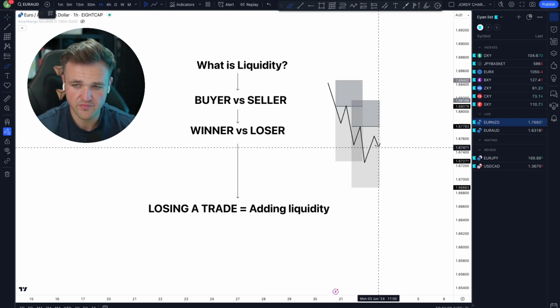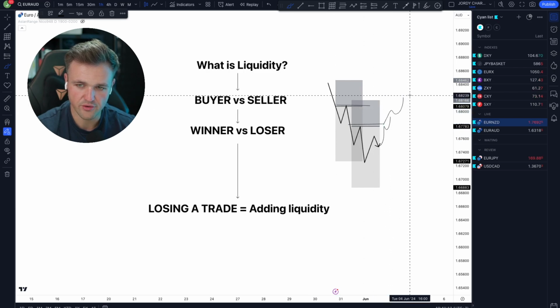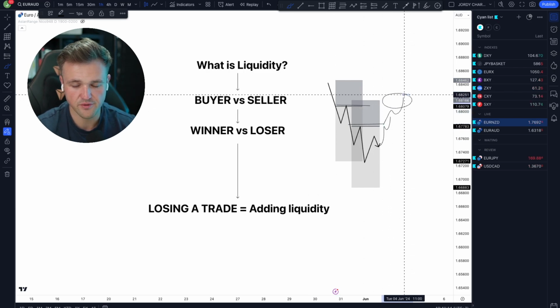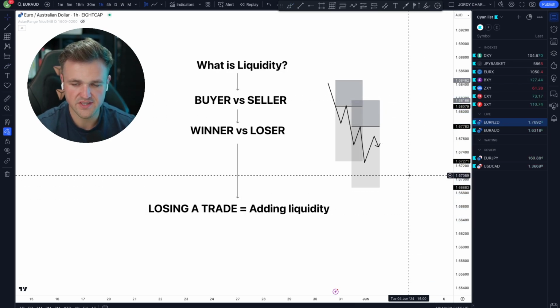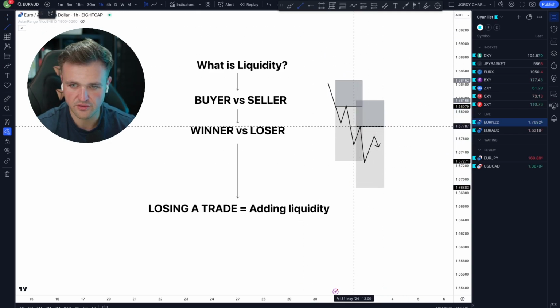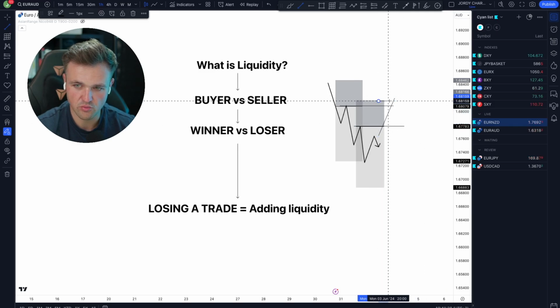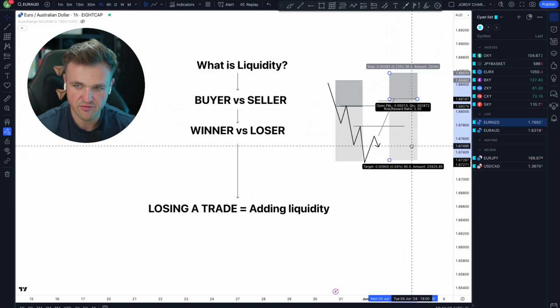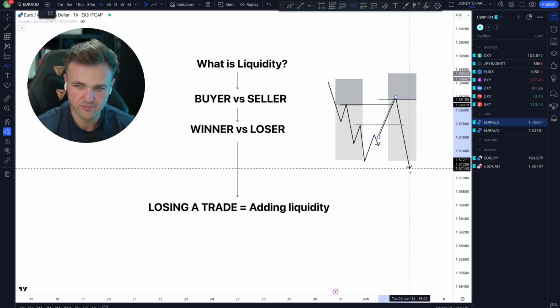They need to take out this liquidity in order to take up all these orders from the losers in the market, adding to the liquidity, and then make the move to the downside. That's the basics of liquidity, but we'll go more in depth and you'll learn how to anticipate these things, so you can take a position when liquidity is getting taken out and take a winning position when the market really wants to make its move to the downside.